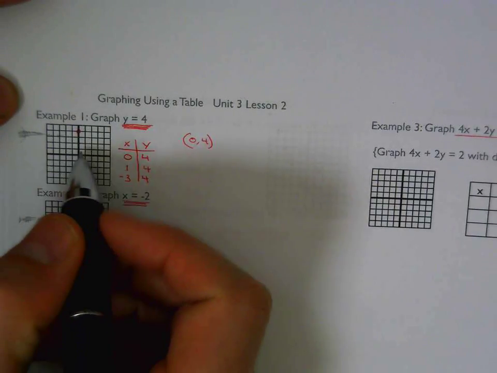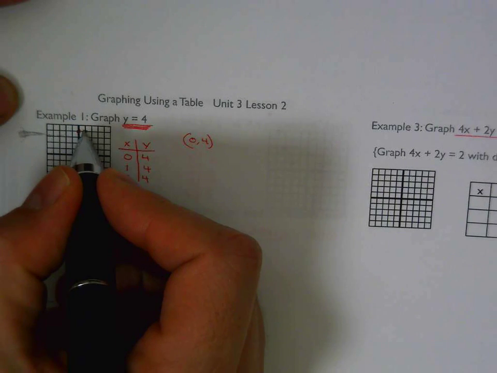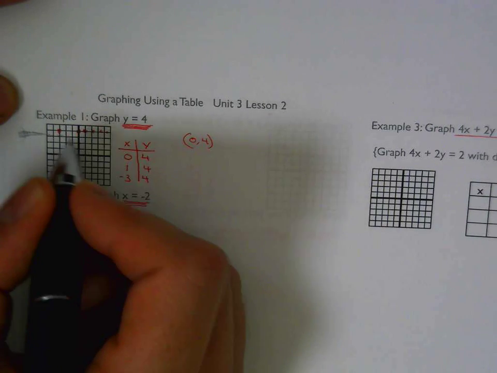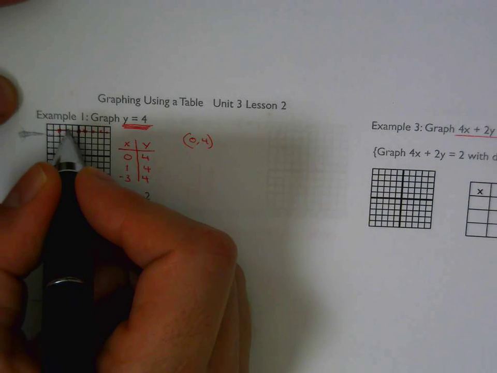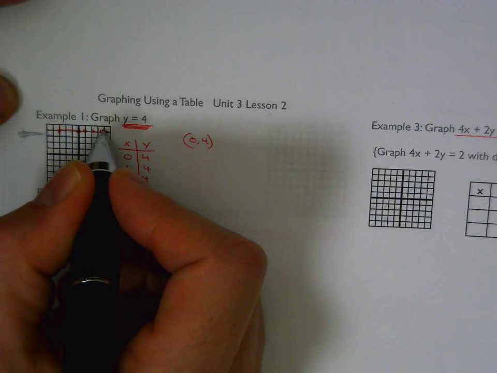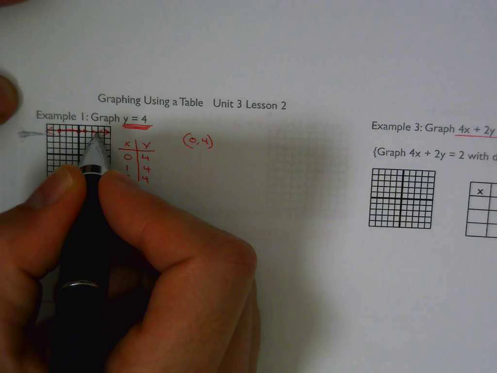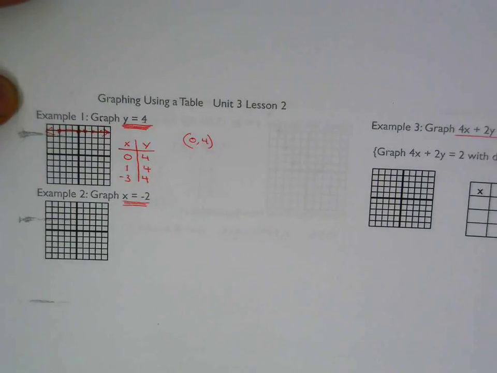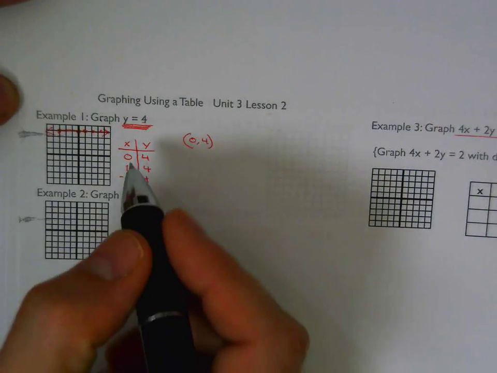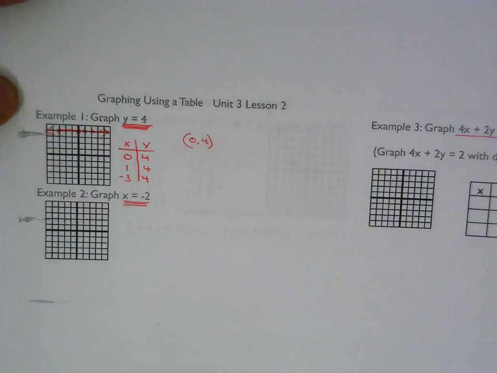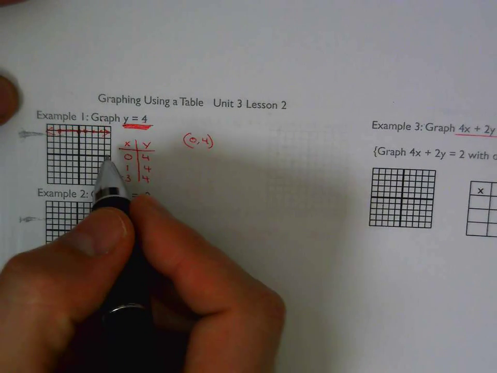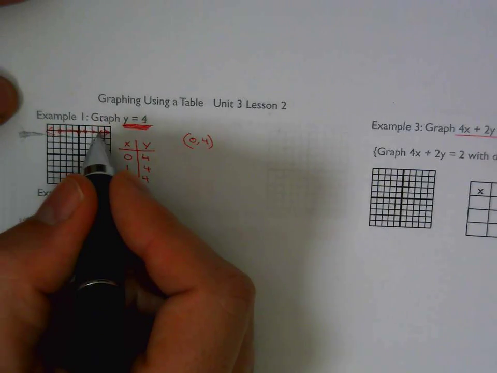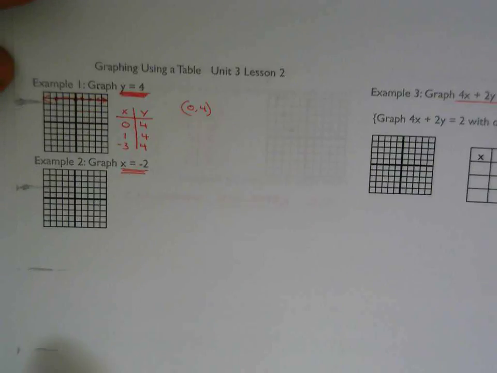So if I graphed a bunch of these, (1, 4), (negative 3, 4), all of these would in fact make a line. When you see the instructions graph y equals 4, or y equals anything, it's a horizontal line. If you make a little table, you very easily see that. If you just want a quick thing, I always remember that when I see y equals 4, it goes through the y-axis at 4.